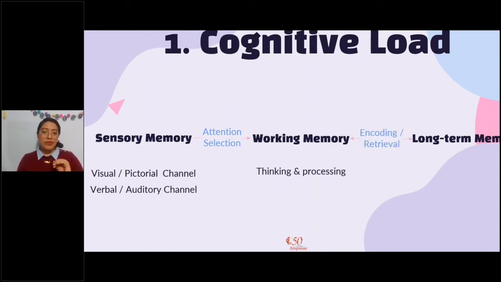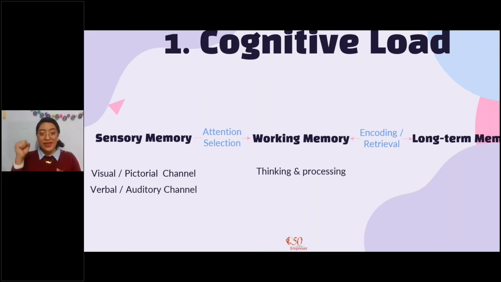And if we are good with the information that we present and we help the working memory process the information in a better way, we have more chances to move this into the long-term memory. Now, the process that we have in here is a back and forth process. Now, if you see, the sensory memory just works one way.